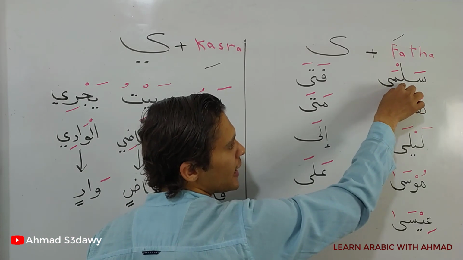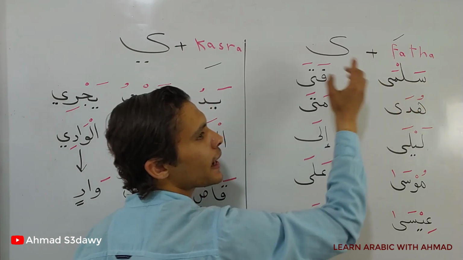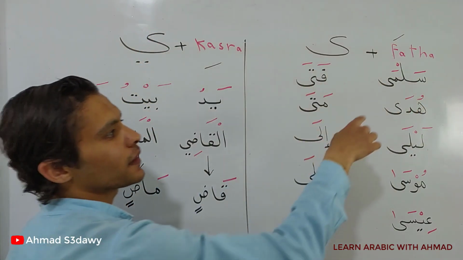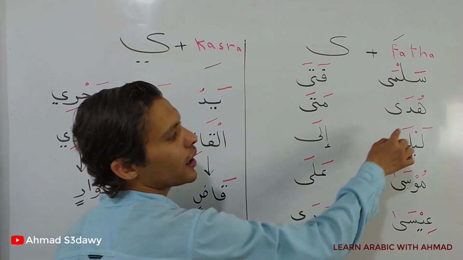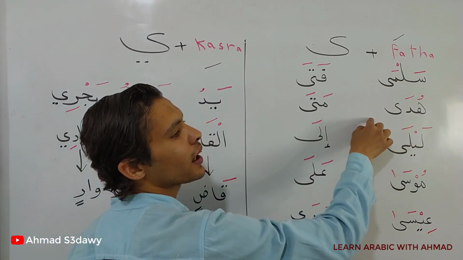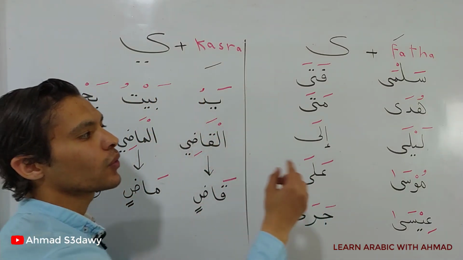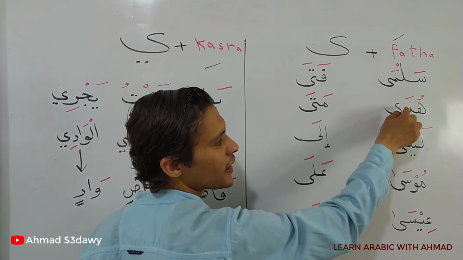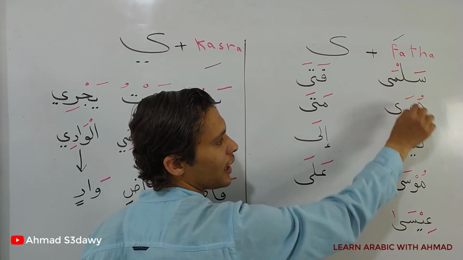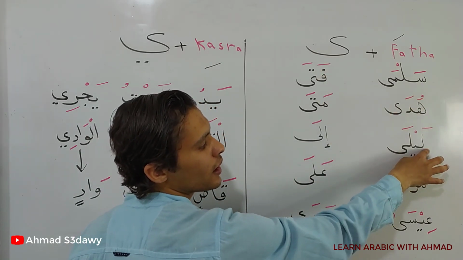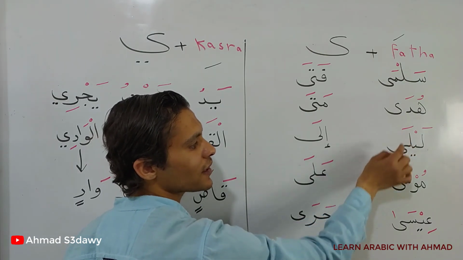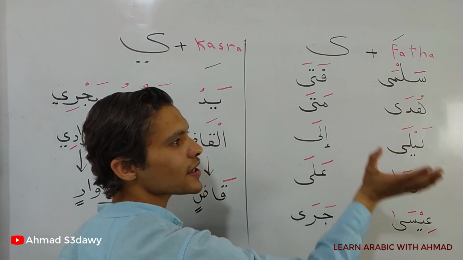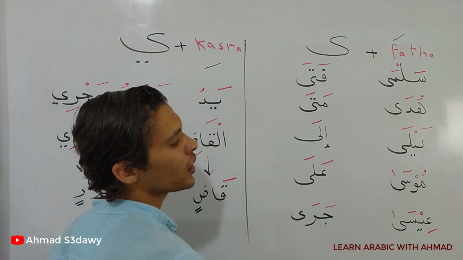You say Salma. The Mim has Fatha and you pronounce this as Alif. And here you say Huda, because it's Alif, no dots, and the letter that comes before it has Fatha. And here you say Layla. The Lam has Fatha and there are no dots, so it's Alif Maqsoura.